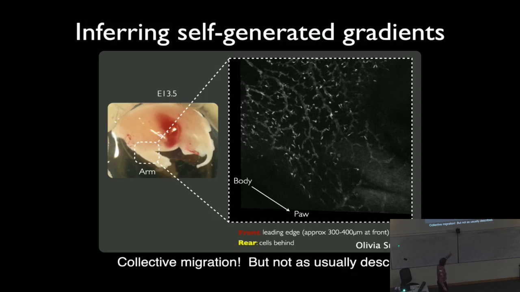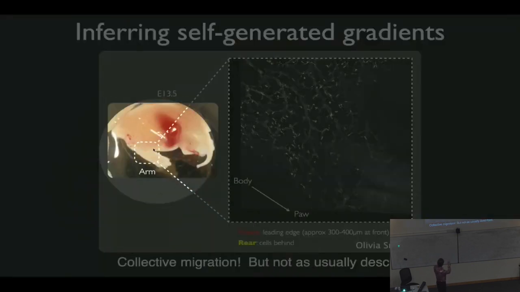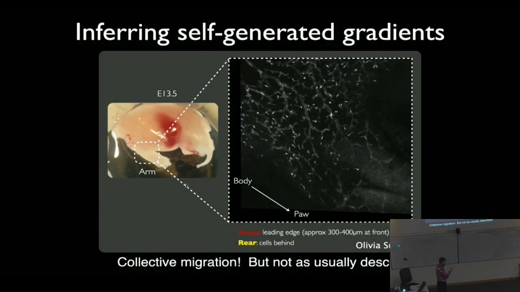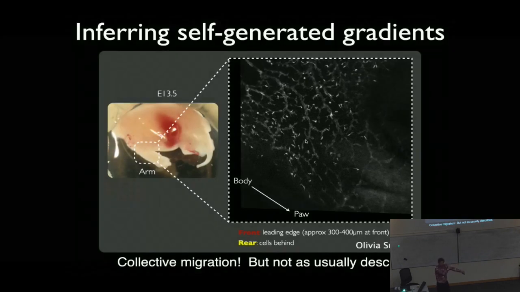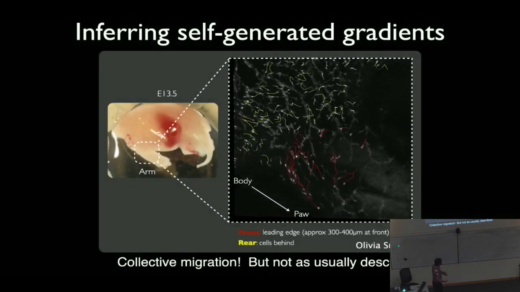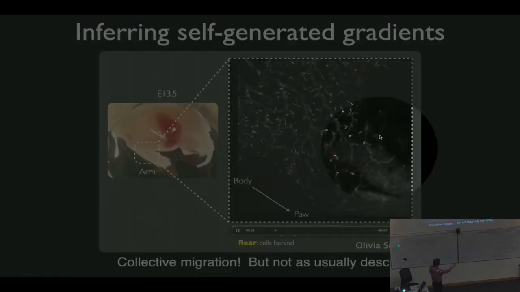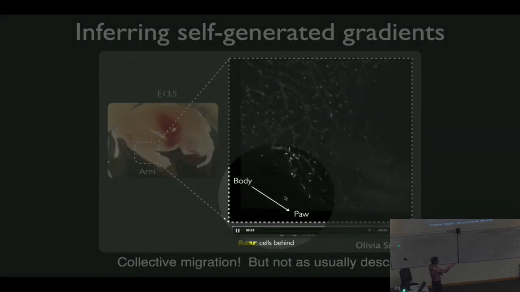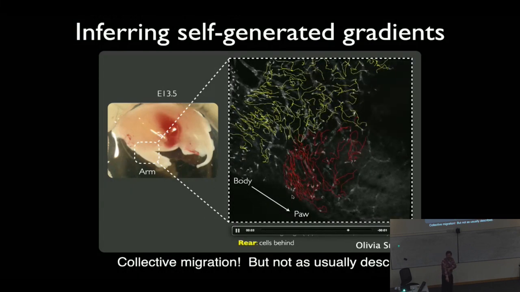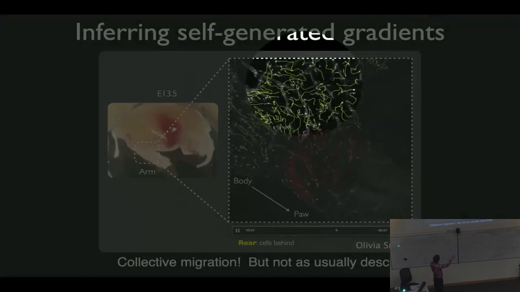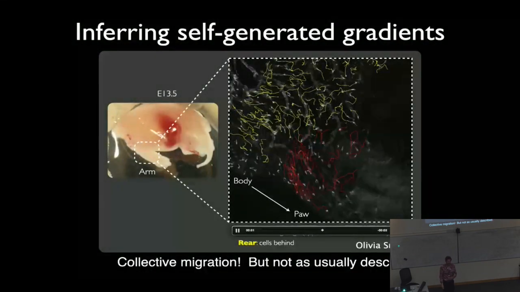And lo and behold, in this glorious piece of research done by a postdoc called Olivia Susanto, where she's looking in a still living ex vivo mouse embryo at GFP melanoblasts migrating down the arm, you can actually see exactly what we would predict: the cells in the front 300 microns or so of the wave of melanoblasts are moving in a highly directed way, whereas the cells behind are moving in a totally undirected way.